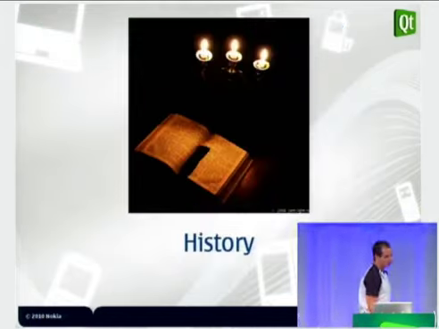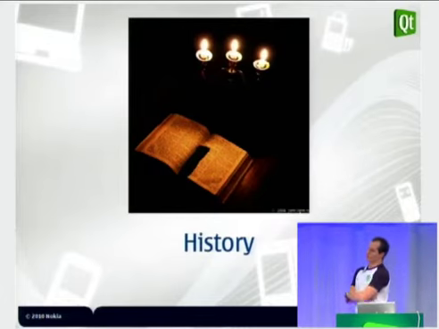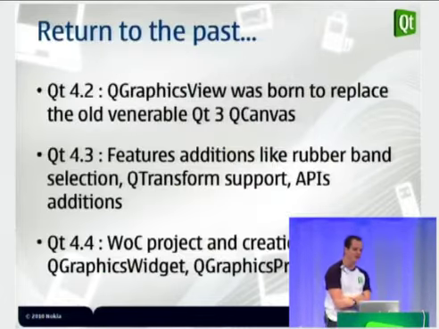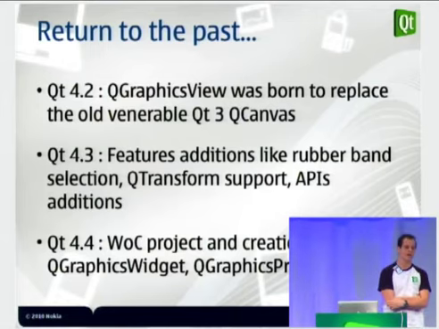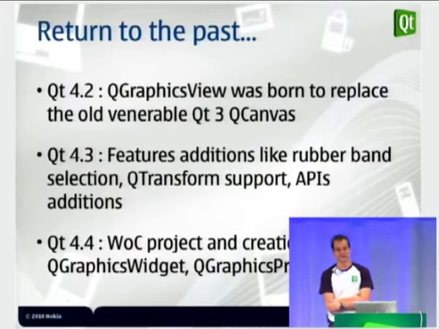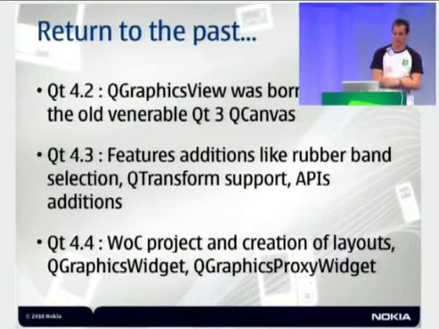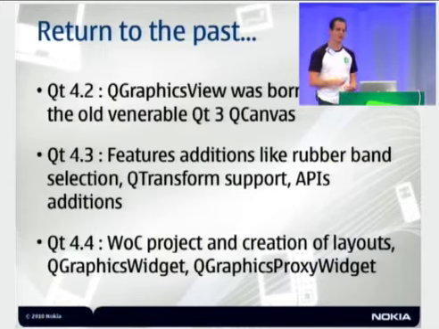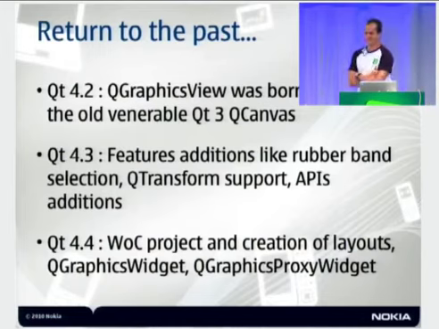So a bit of the history of the framework. QGraphicsView was born in Qt 4.2, at that time to replace the old Qt 3 QCanvas. The goal of that project was to make a better and easier to use API, because while I was preparing the presentation, I was looking at the API of QCanvas and I was like, wow.